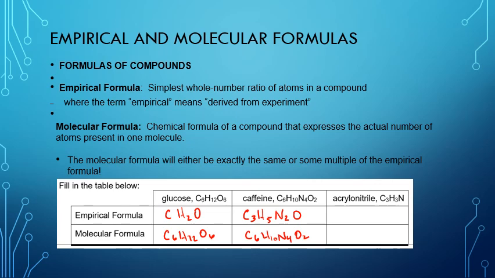And for our last example, acrylonitrile, I have a molecular formula of C3H3N. In this compound, you'll notice I have a 3:3:1 ratio. So in this example, the empirical and the molecular formula are identical because I cannot reduce the nitrogen atoms any further.